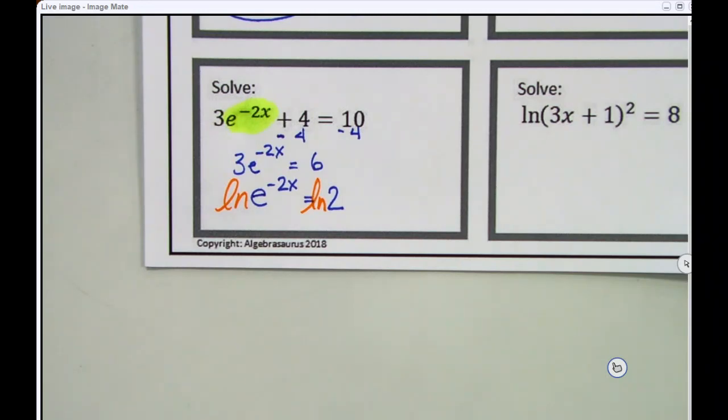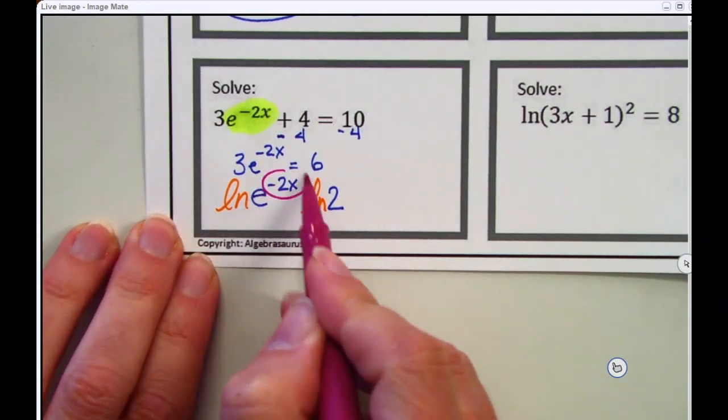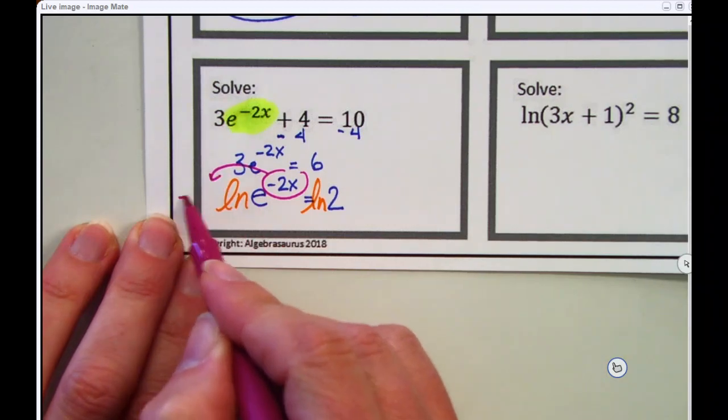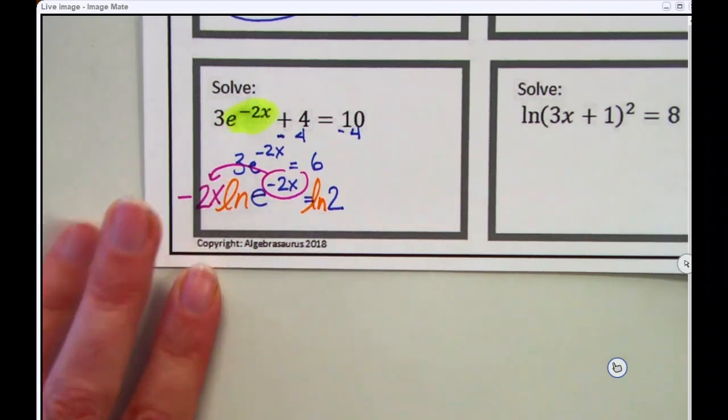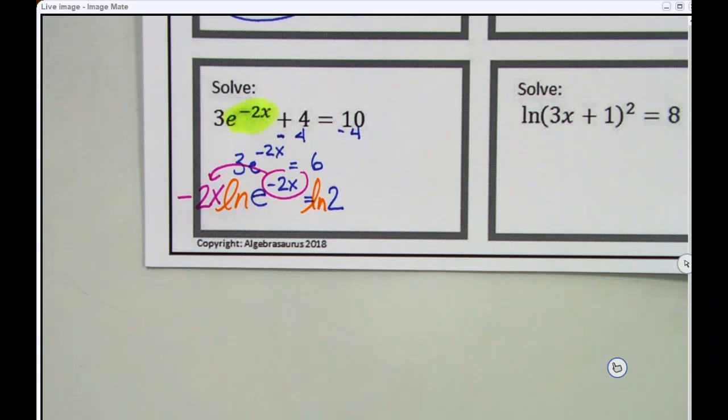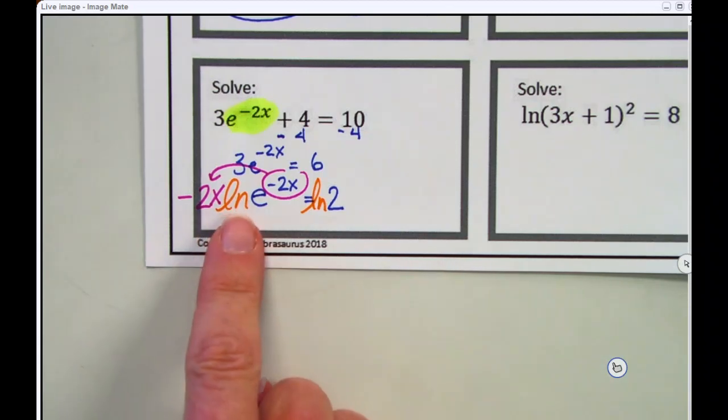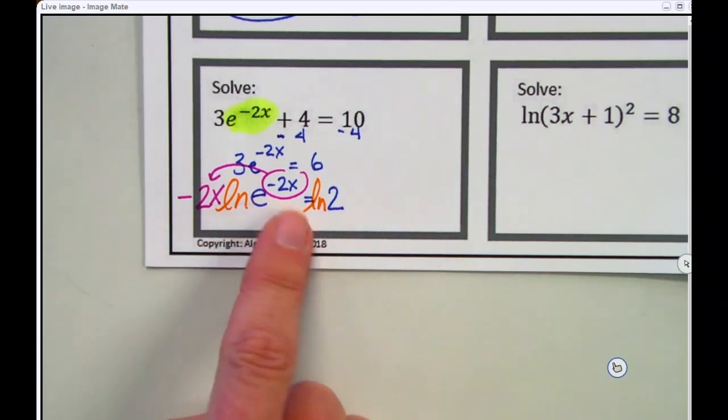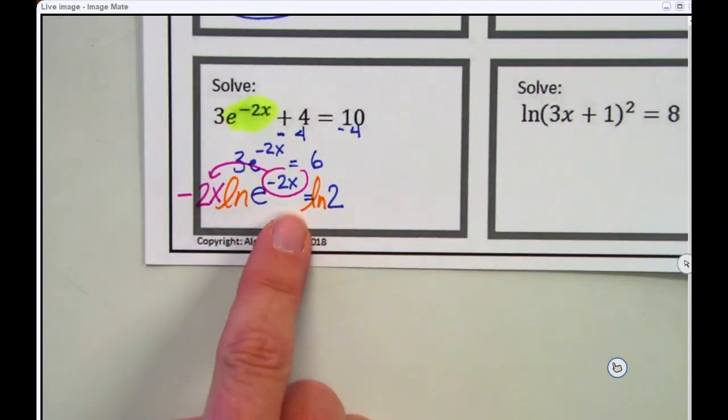So what can we do with this exponent right here? They can go to the front. Negative 2x. Just a second ago, we talked about ln of e, that they canceled each other out because they equal what? 1.